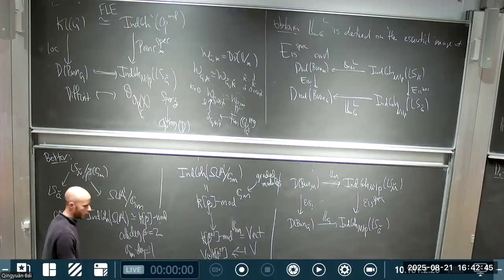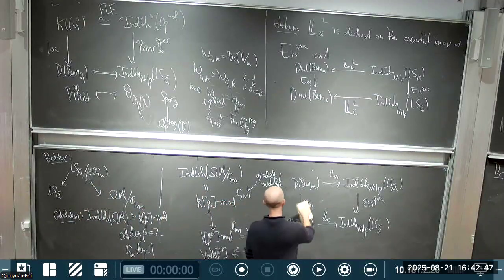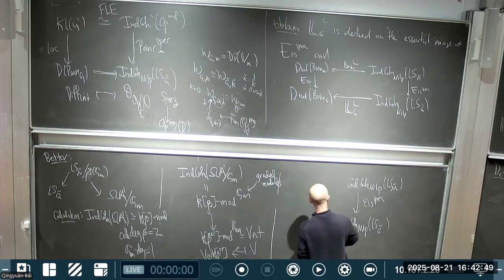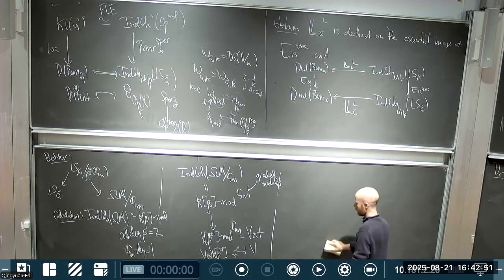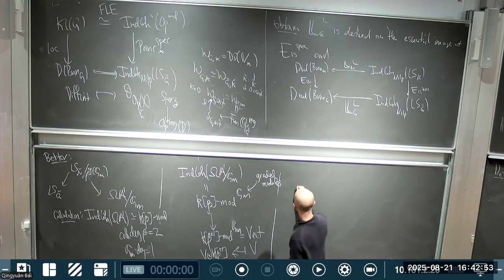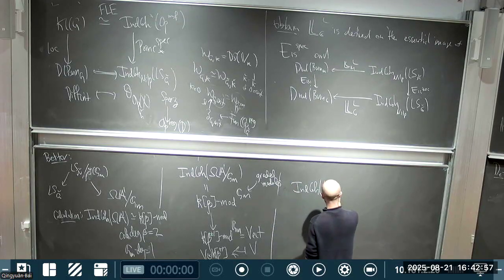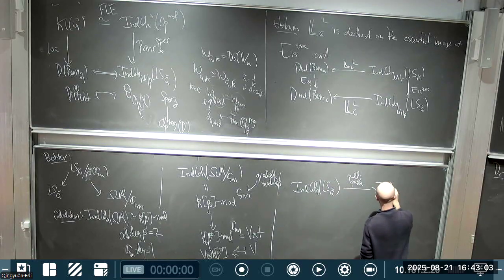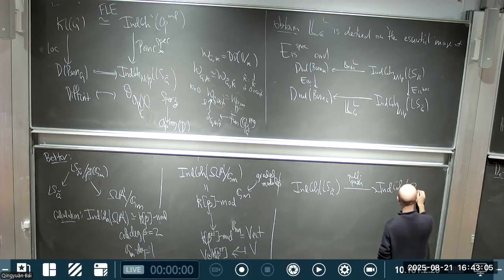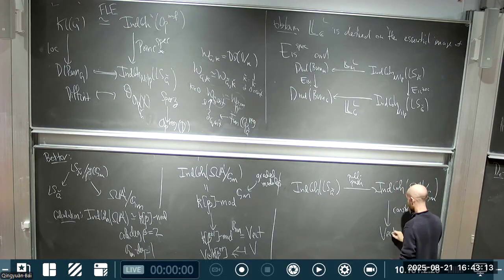And so now what I can do is pull-push to go from IndCoh of the locus G check to this IndCoh of Omega A1 mod Gm, which goes by the construction we just explained to that.